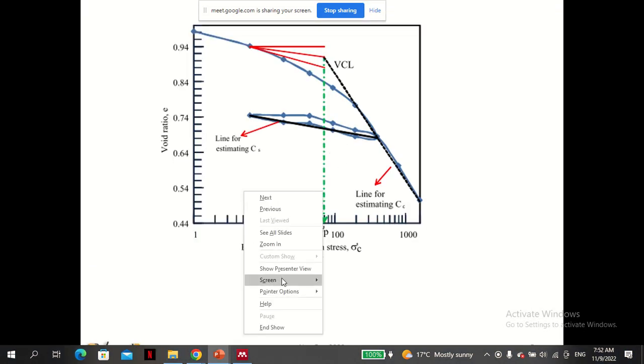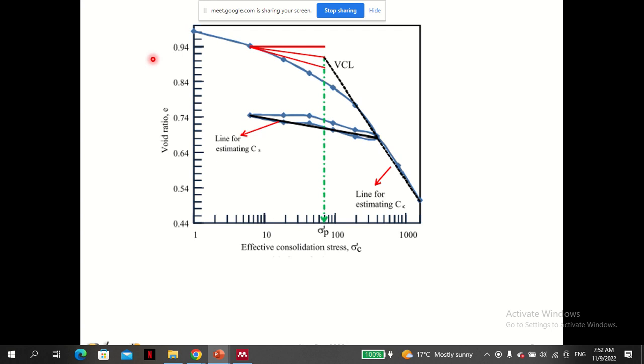So this is what I was saying. If you plot the void ratio against the load, this is the nature of the curve. This is the virgin consolidation line I was telling you about.